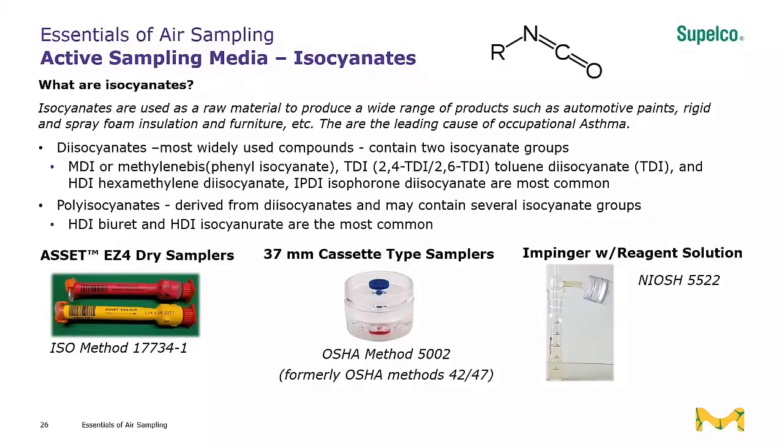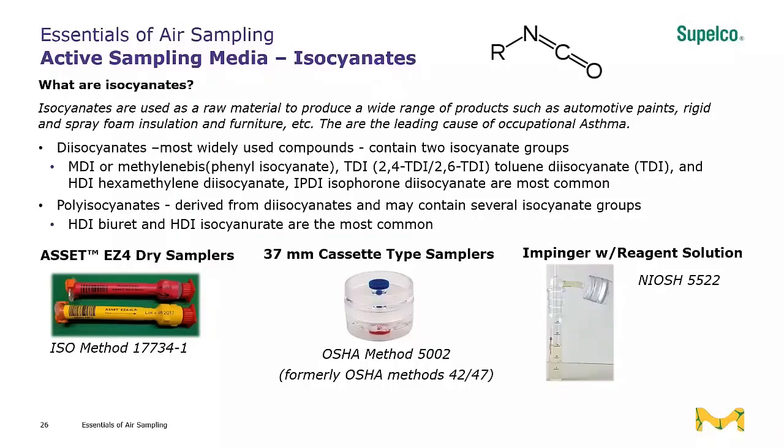When we're talking about isocyanates, the most commonly used isocyanates are called diisocyanates, and they contain two isocyanate groups, at least in their structure. The most commonly sampled diisocyanates are known as MDI, TDI, and HDI, with IPDI being another commonly sampled diisocyanate.